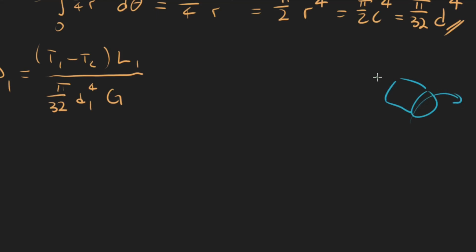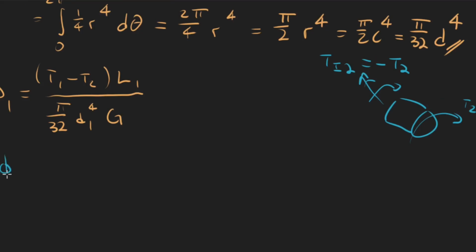Our internal torque, if we think about this direction, would have a sign convention of this way. So this is T2. Therefore, we can say that the internal torque of section 2 is equal to negative T2, which means that phi 2 is equal to negative T2 L2 over pi over 32 times D2 to the fourth times G, which is the property for this material.